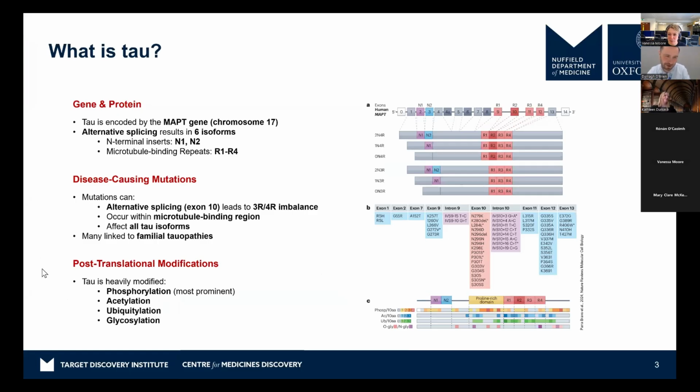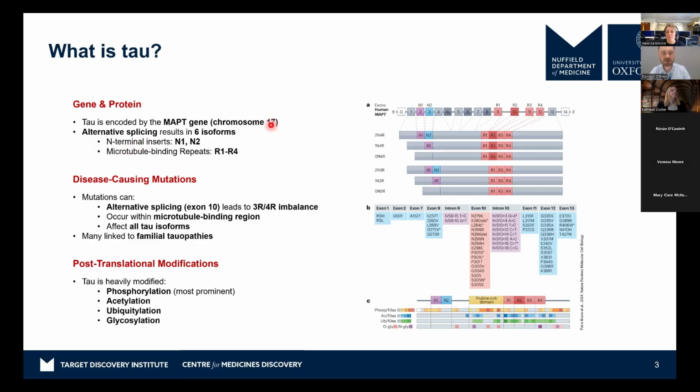Okay, so I'm just going to go back to the start, and focus on what exactly is tau. Tau is a protein encoded by the MAPT gene on chromosome 17, and it contains 16 exons. Through alternative splicing, it results in 6 protein isoforms.